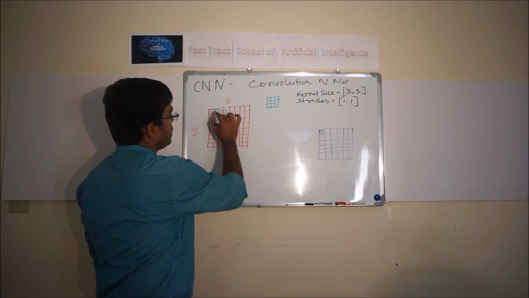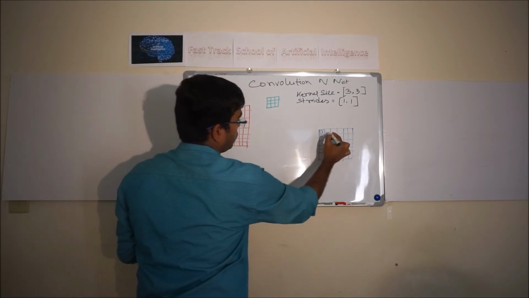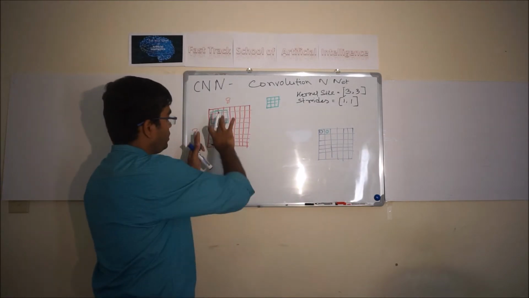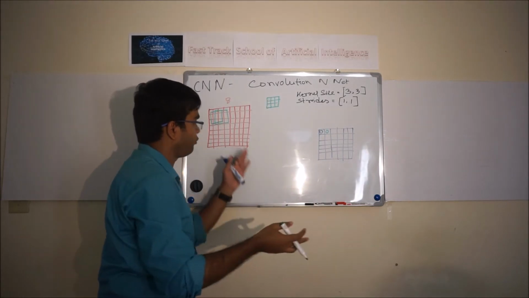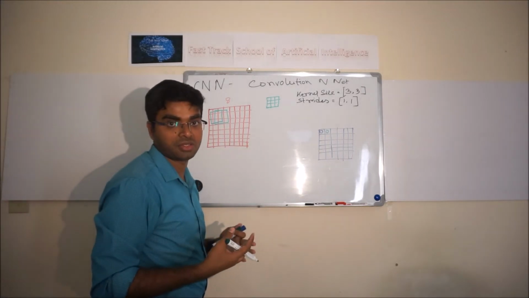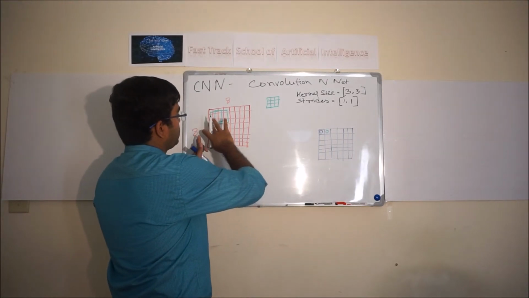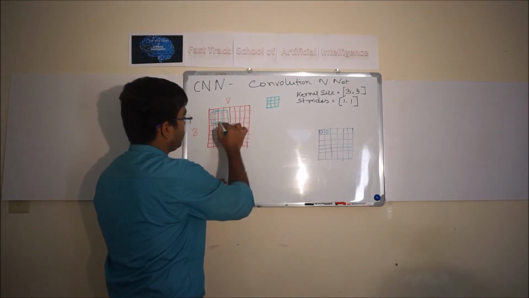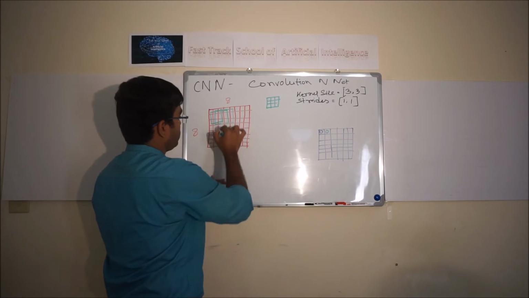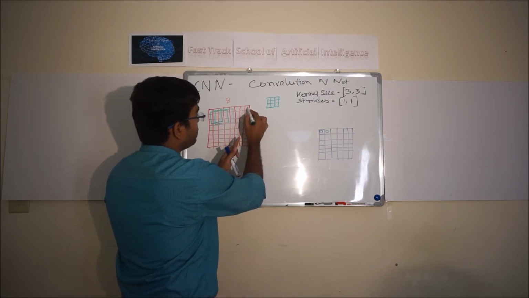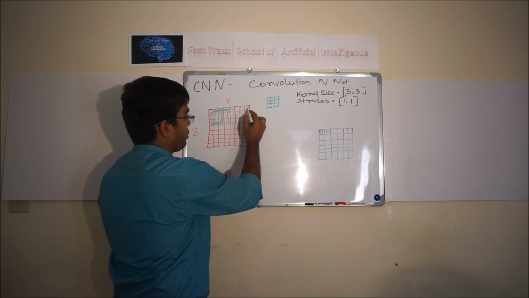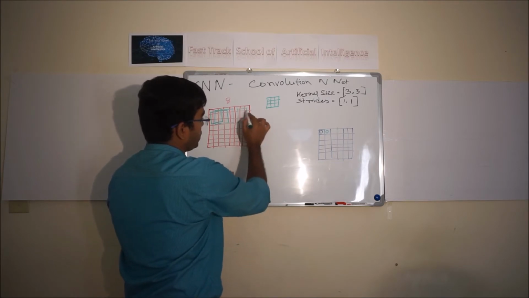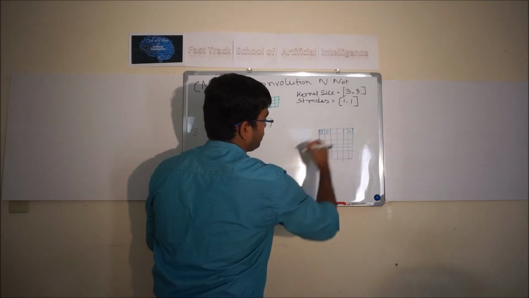Whatever value it gets from this second patch, it places here. Then it slides right once again, and so on, until it reaches the end of this image.